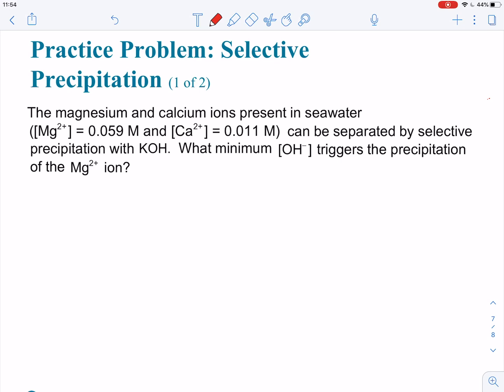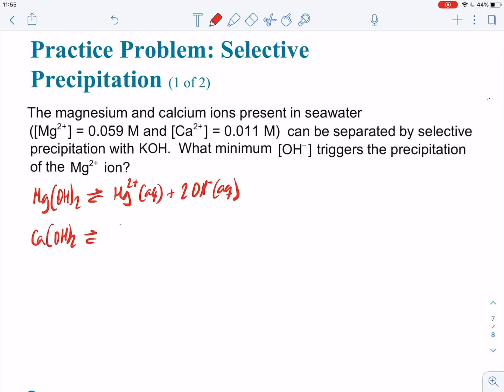In this case, we have magnesium and calcium, and we have this in seawater, and we want to separate magnesium from calcium. Now, the equilibriums that we are looking at here: because we are using hydroxides, it's magnesium hydroxide that goes to magnesium ions and hydroxides, and calcium hydroxide that goes to calcium ions.